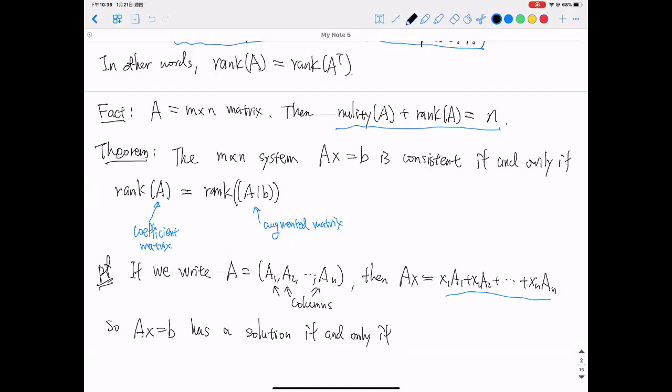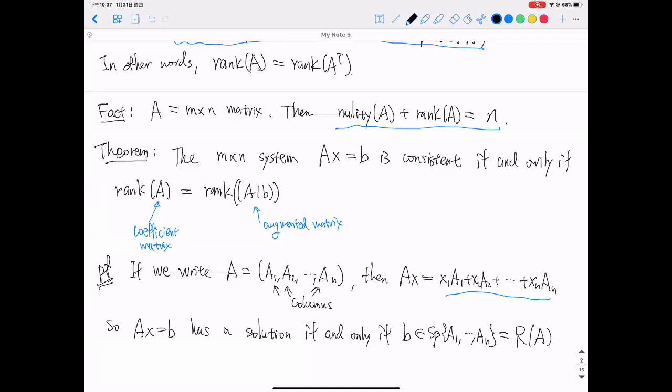So having these x's means that B can be written as a linear combination of the A's. That means B belongs to the span of A1 through AN, which is what we call the range of A. Okay.